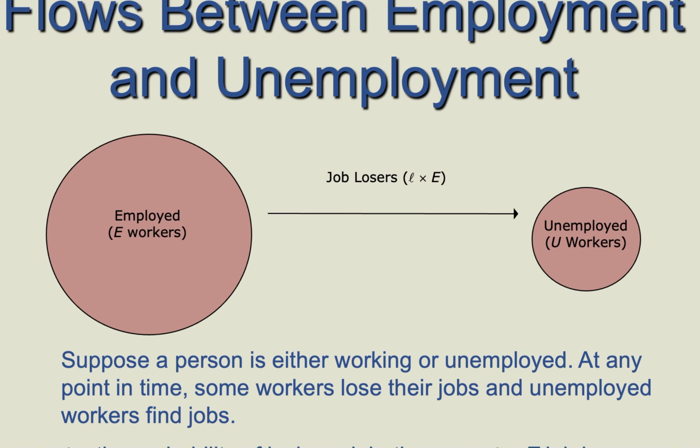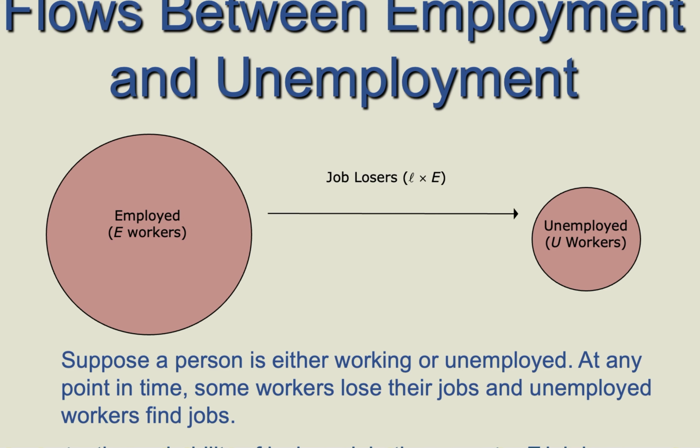The value of L, which is the probability of losing a job, can be from 0 to 1. Let's say 0.05 or 5% of workers at any particular time have that probability of losing a job. Therefore, L times E will give us the number of people who become unemployed in that particular period.